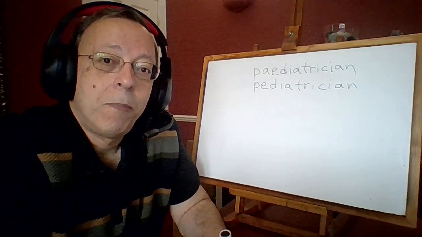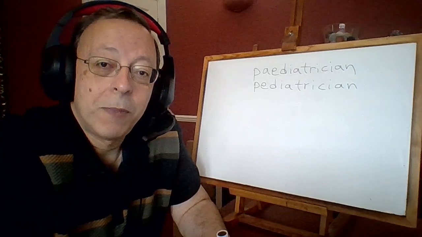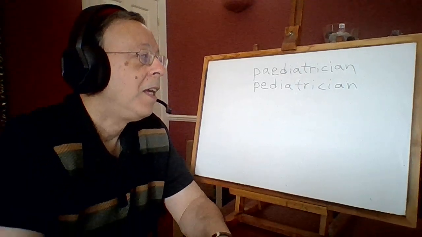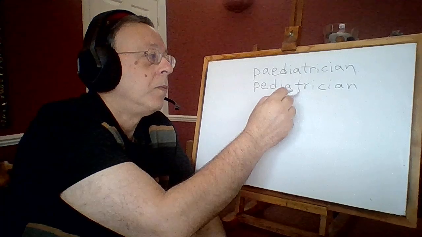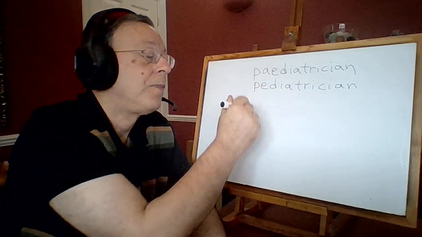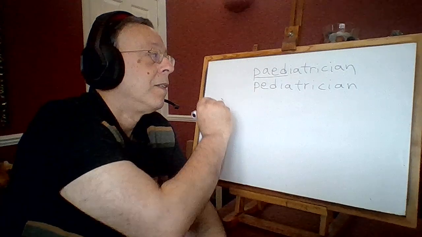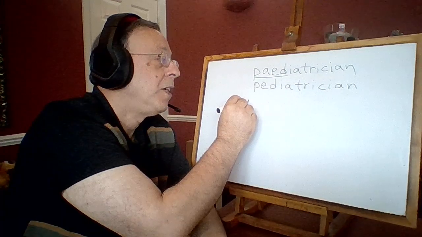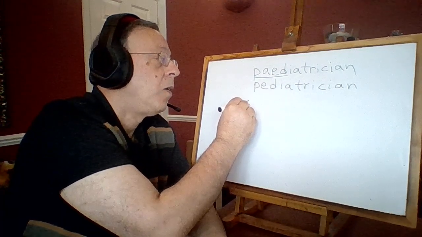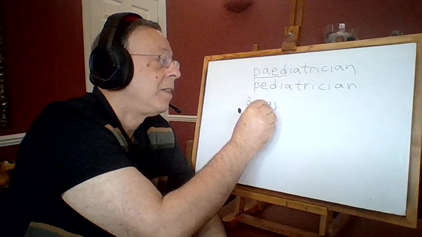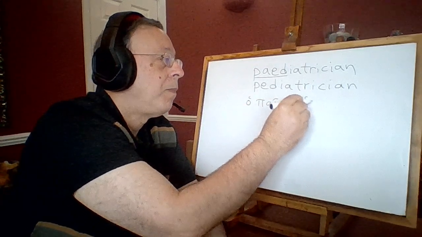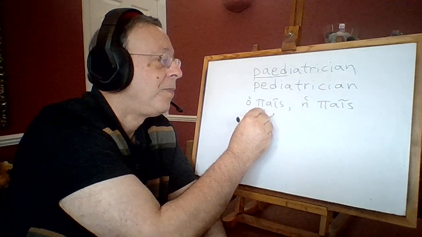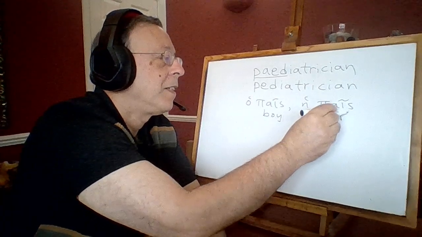To do that, we'll have to go back to the ancient Greek because this word comes from ancient Greek. Actually, this is a compound word. We have two words. The first bit, this one, comes from the genitive of the word pais, which is the boy and the girl in ancient Greek.